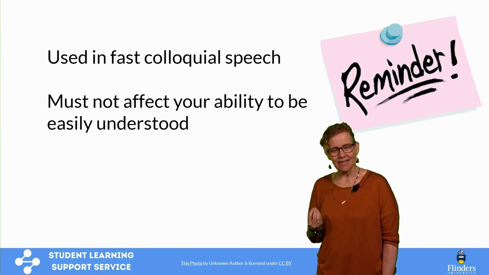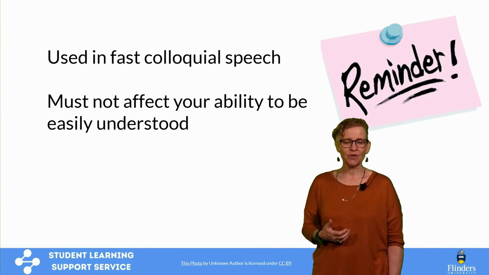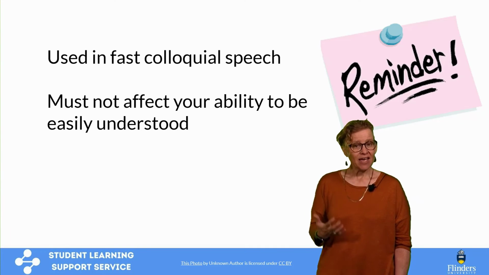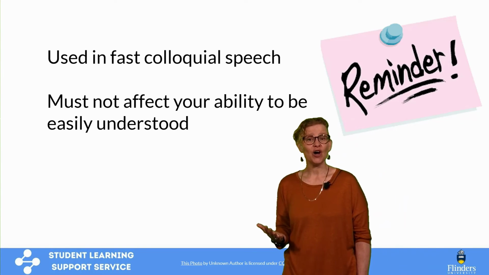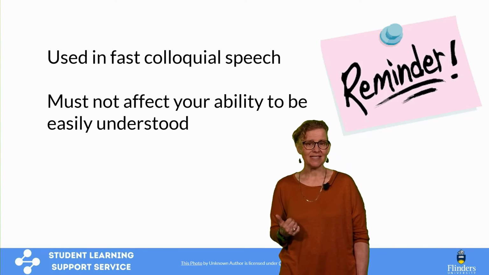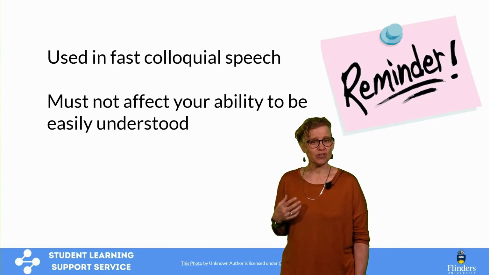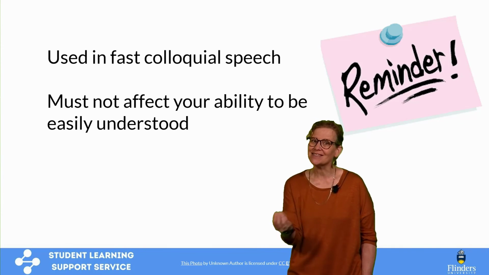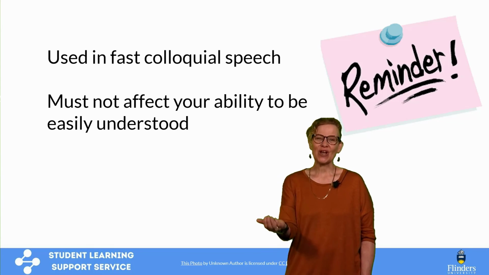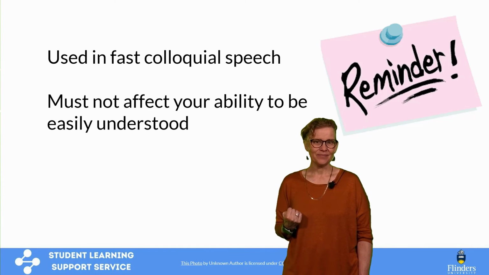Now, particularly assimilation is used in fast colloquial speech. Have a go, try it by yourself at home, but remember it must not affect your ability to be easily understood. So if you're finding that people are struggling to understand you when you're trying to say what they say, slow it down, come back and say it the correct way.